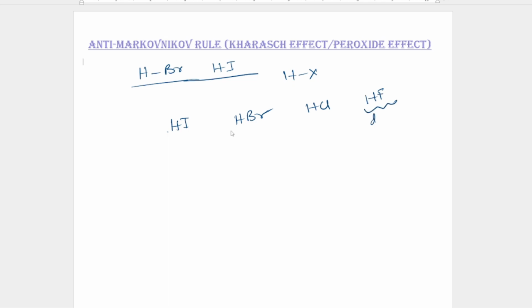Now coming to the reactivity of hydrogen halides. As we have observed, HX generally indicates HI, HBr, HCl and HF. This HF does not get involved in this reaction due to the high bond strength.